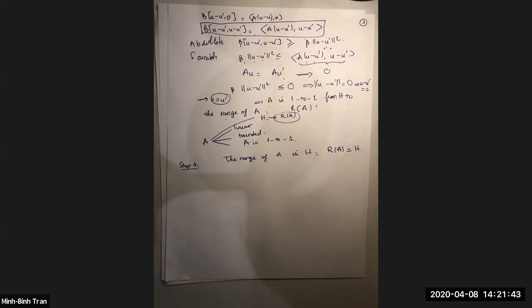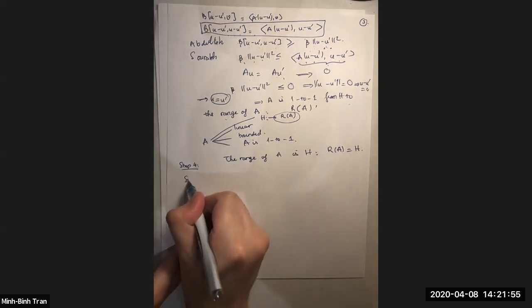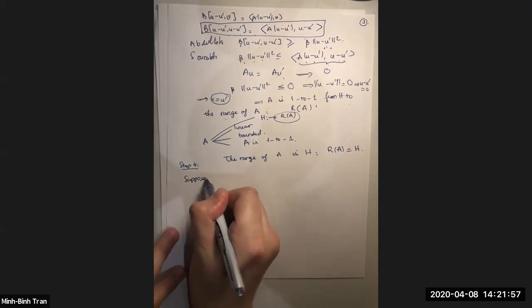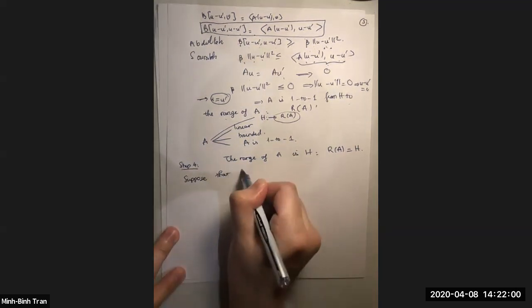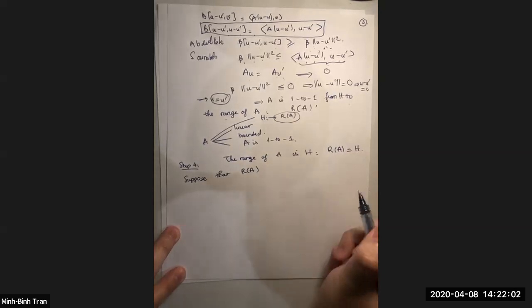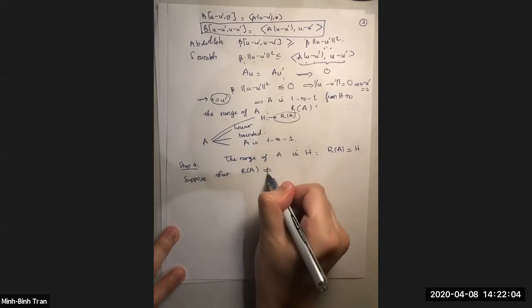So basically this A is a very nice and perfect linear operator, right? So suppose that RA is different from H, right?